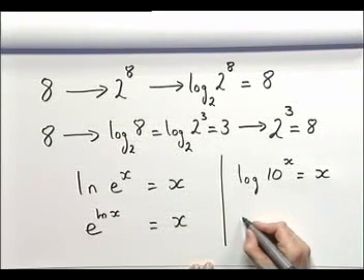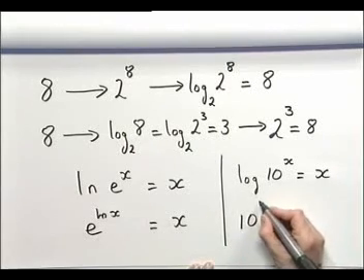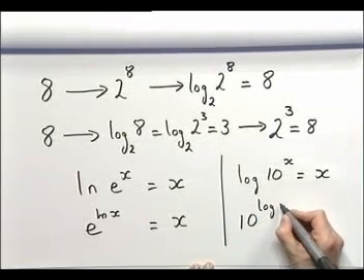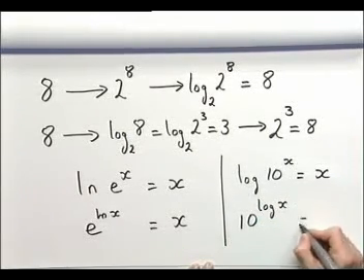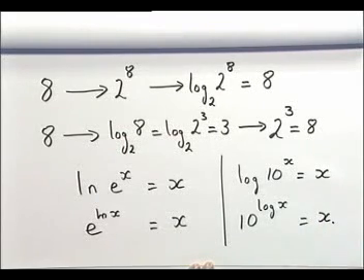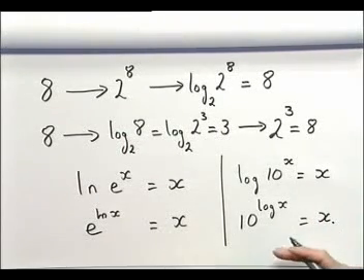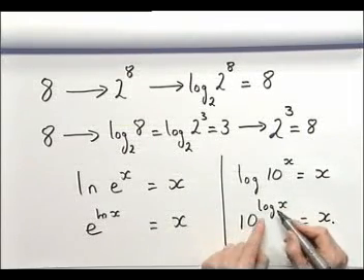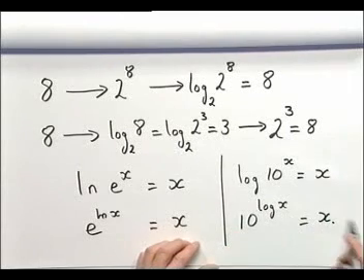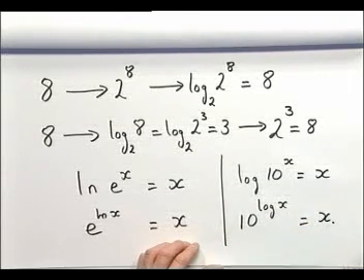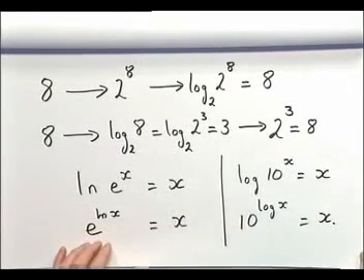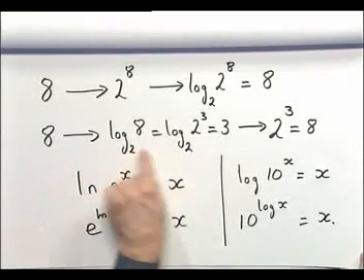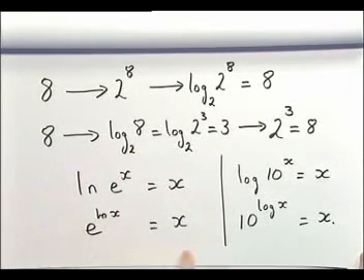And if we take 10 and we raise it to the power the log of x, then again the answer is just x, because by raising 10 to this power, we have undone what we did by taking the log of x to base 10. This is the particularly important one when you're doing calculus. And this is the one that you will need to bear in mind.